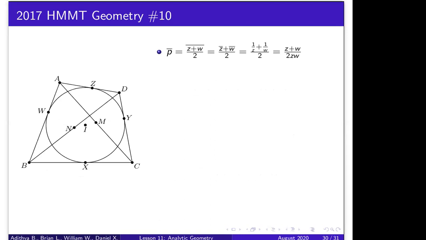And now by conjugate properties, it's (Z bar plus W bar) all over 2. But now we know that Z and W lie on the unit circle. And this is particularly nice. We can replace Z bar and W bar by just 1 over Z and 1 over W. And when we do that, we get the right-hand side.